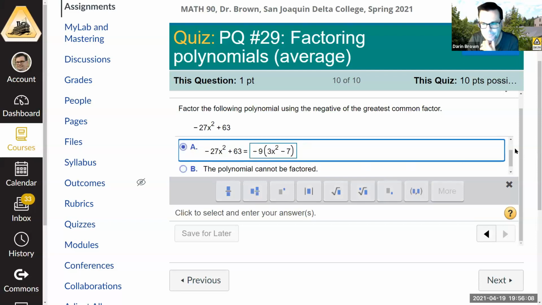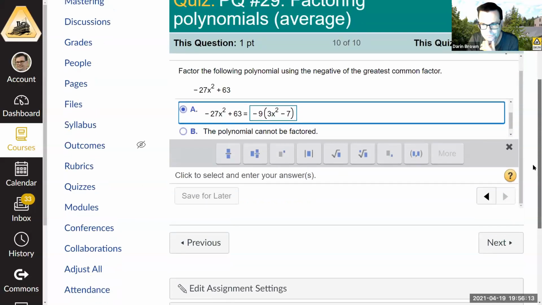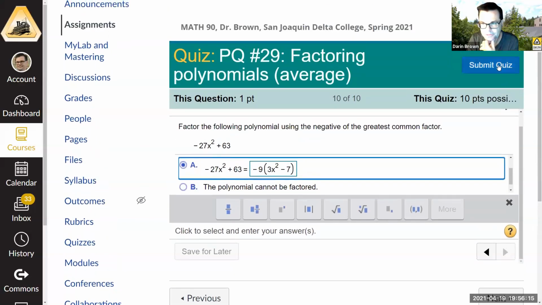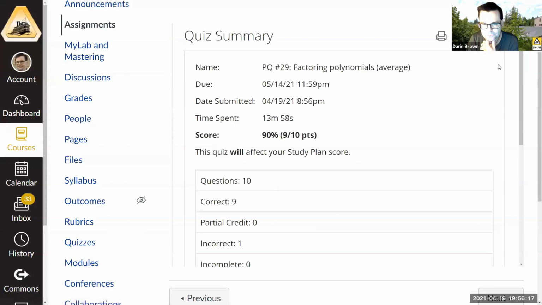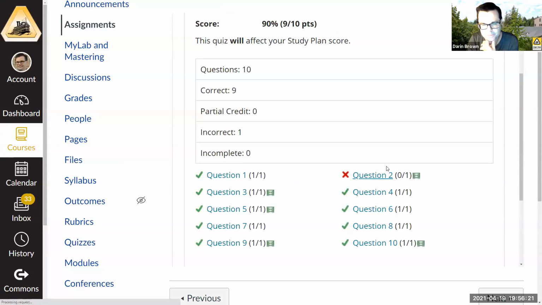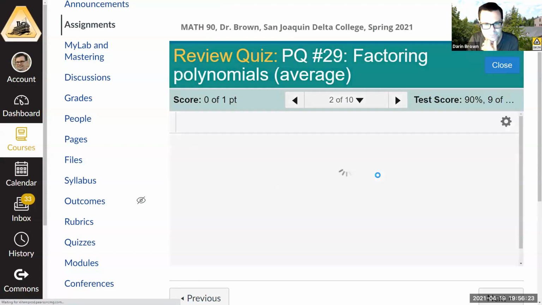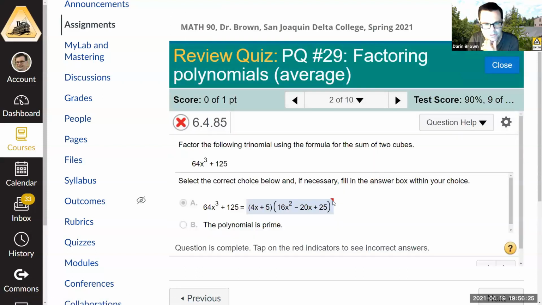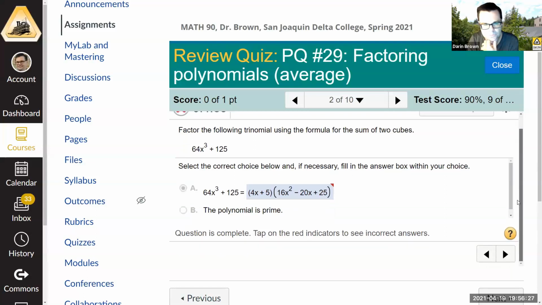Whoops. Okay. So let's see how we did on this one. Submit. What, we missed one. Which one did we miss? Let's see. What do I do here? 4x plus 5.